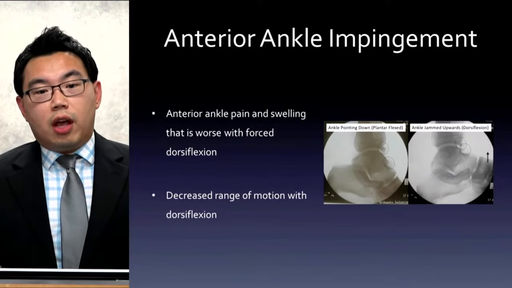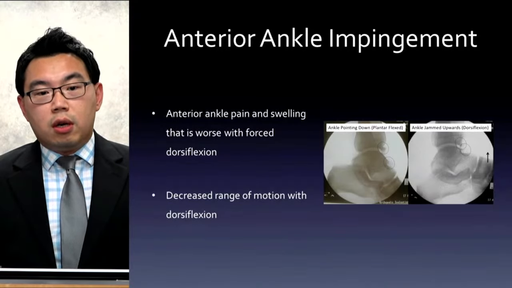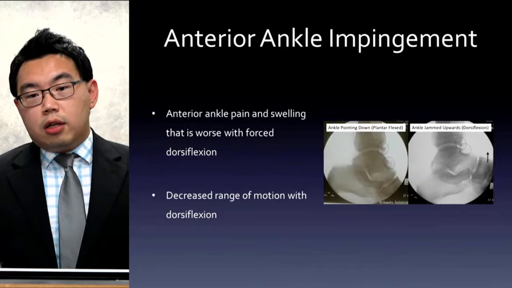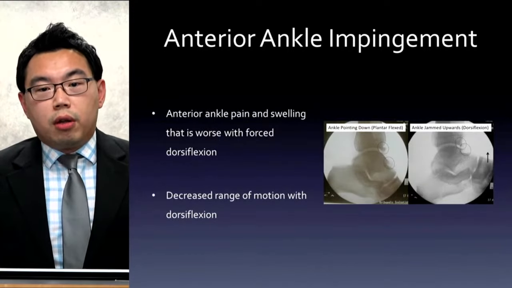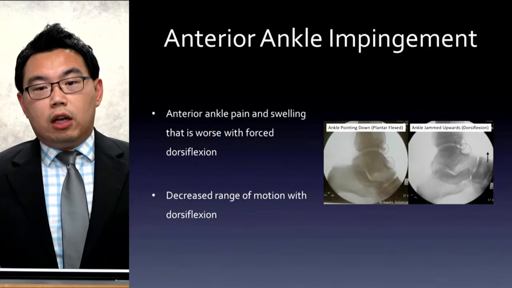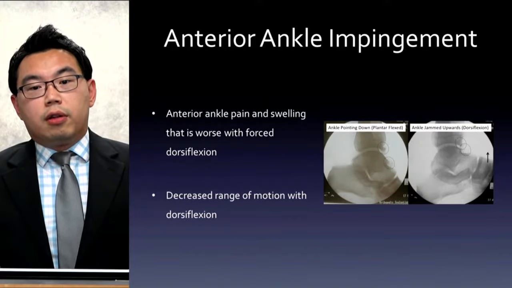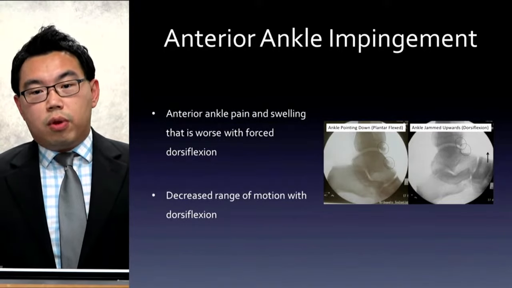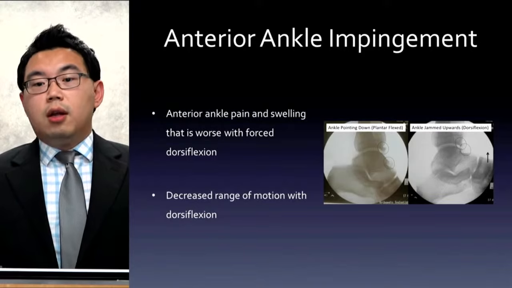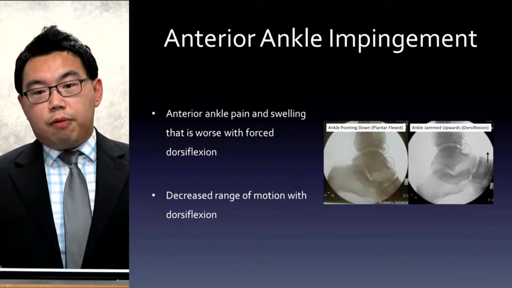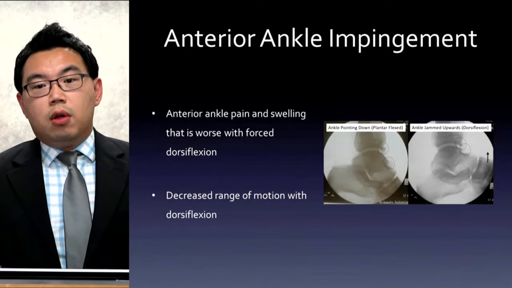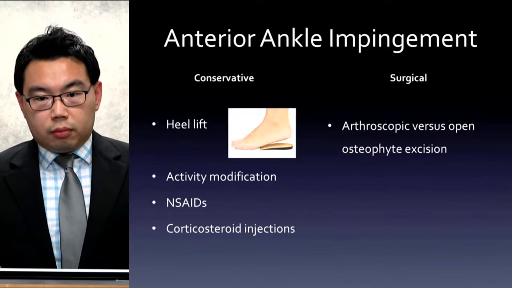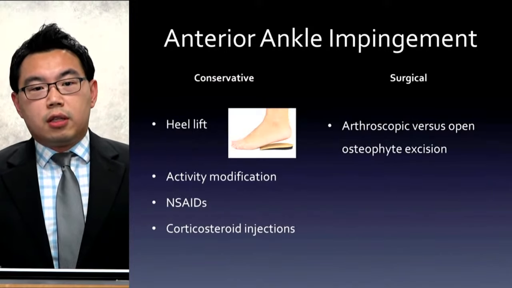So they have greatly limited range of motion with ankle dorsiflexion. As you can see on the x-ray example on the right, there is a little bit of a lip on either side of the front of that joint. When the patient tried to dorsiflex the ankle, the impingement happens.